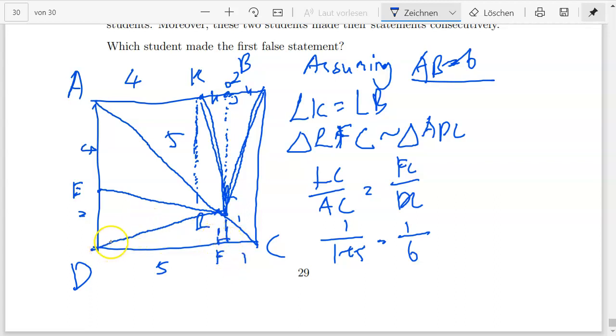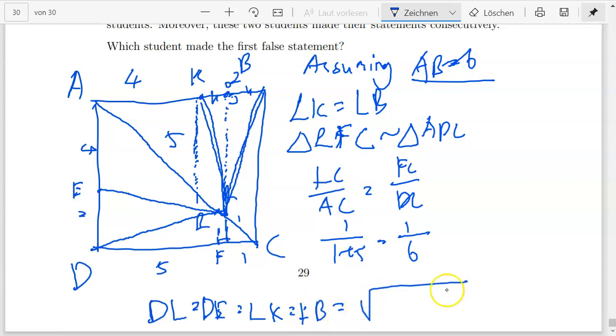Using the Pythagorean theorem, the length of DL is equal to DE, equal to LK, equal to LB. It would be 5 squared plus 1 squared, and then the square root, which is square root 26. Okay, and now I don't know how you guys have done it.